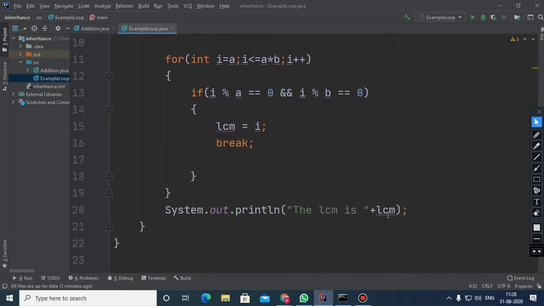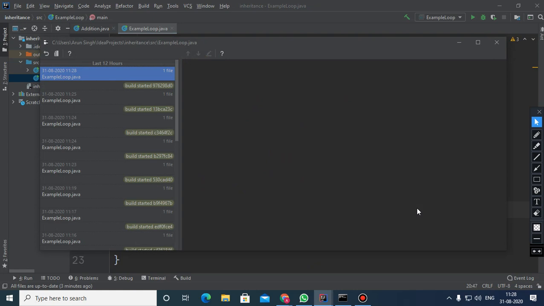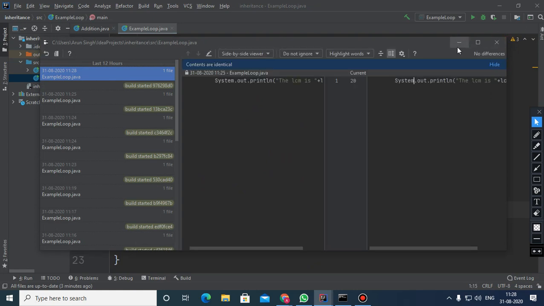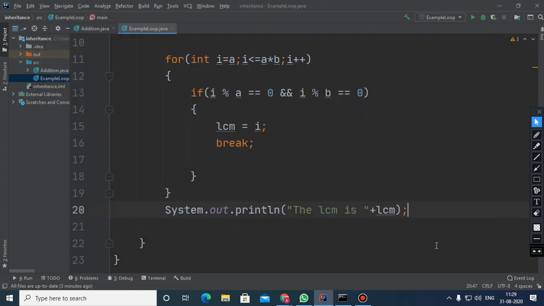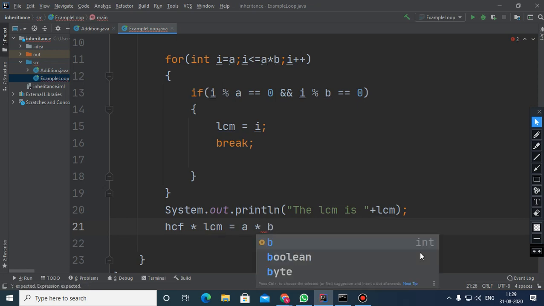So children, in order to find out the HCF, I am just going to tell you the simplest method. There is a formula, and the formula tells us that HCF into LCM is equal to first number into second number.